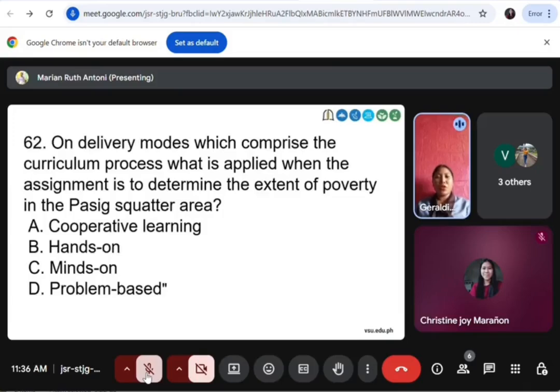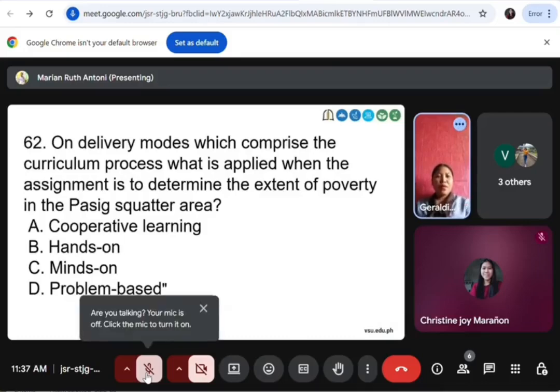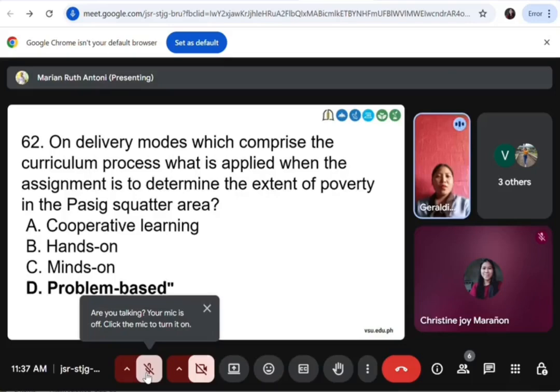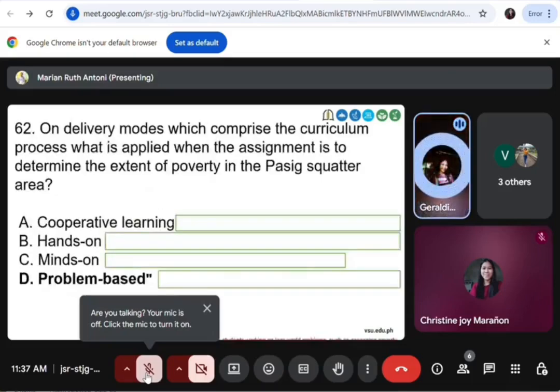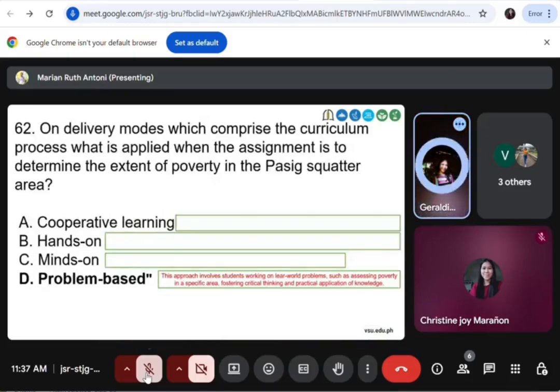So what do you think is the correct answer? The correct answer is letter D. So why letter D?